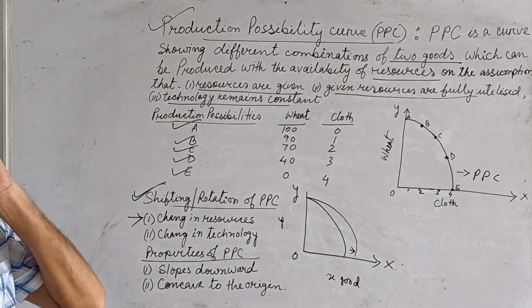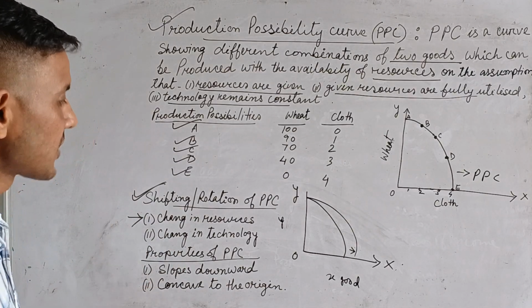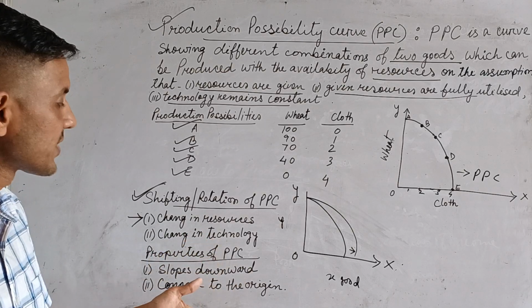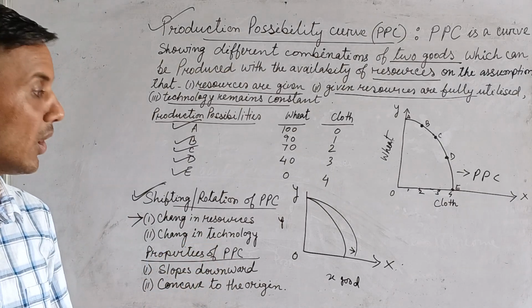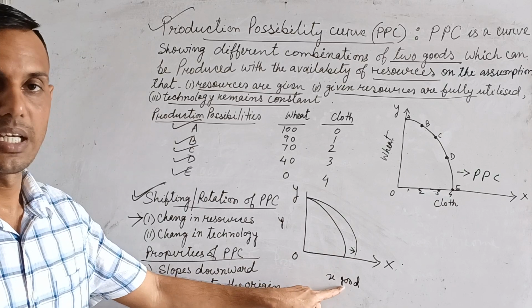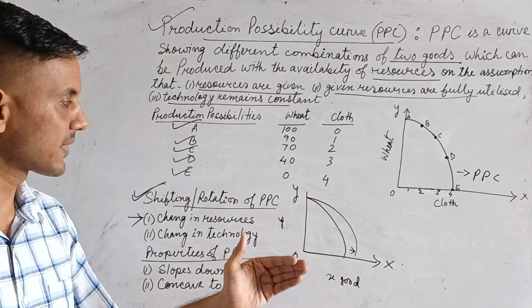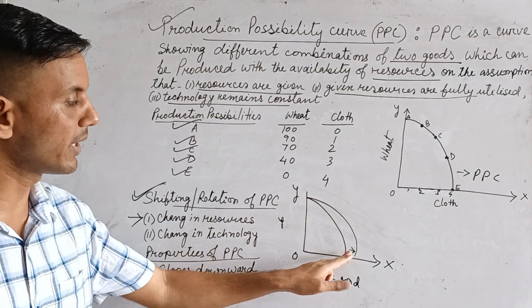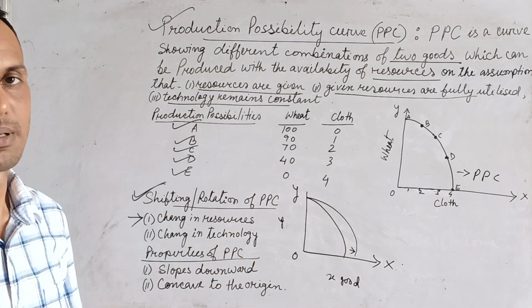Simple. When we use efficient technology only for the production of X, production of X will increase but Y will remain constant. So this one is constant and this one we have shown shifting to the right.